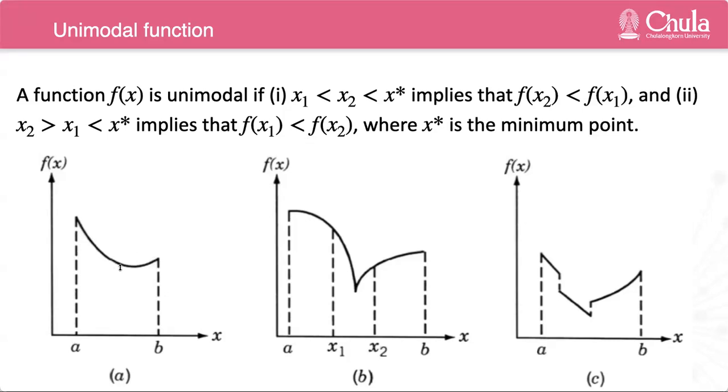In the area of interest, we have only one minimum point or maximum point. This is the important feature of unimodal. If we say this function is unimodal, that means in that scope, we have only one minimum point.